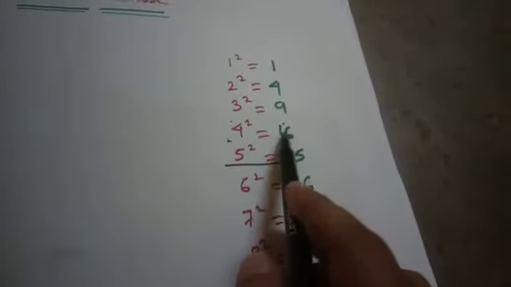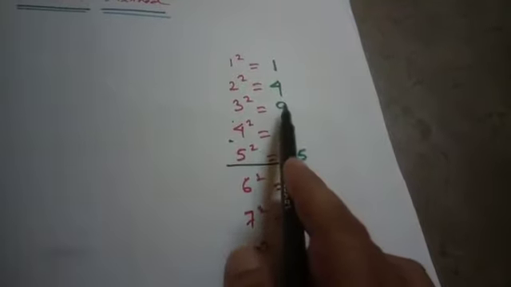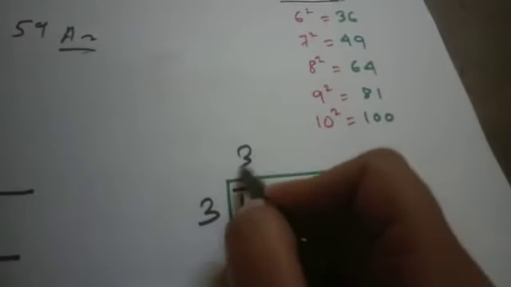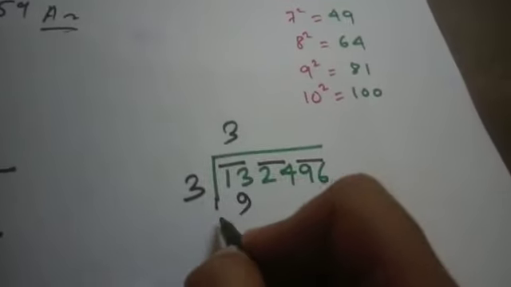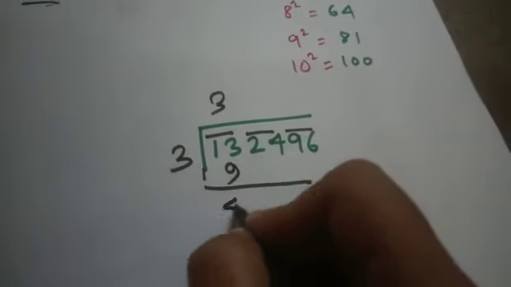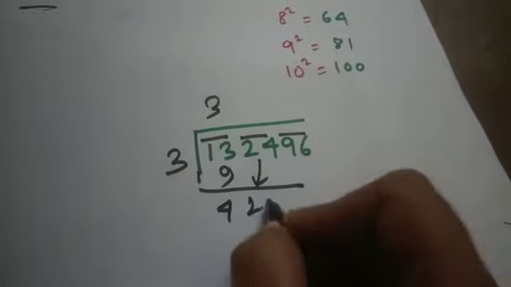Since 13 is less than 16, we take 3 square. 3 into 3 is 9. 13 minus 9 is 4.